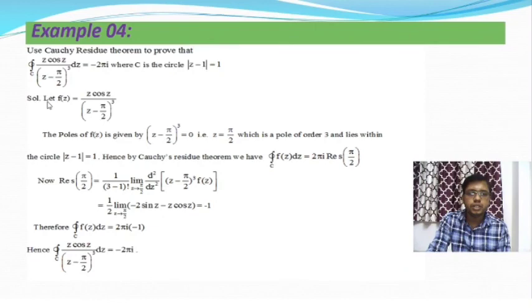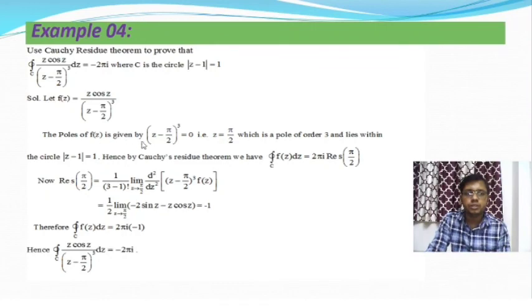So now we consider the function f(z) = z cos z/(z − π/2)³. From this we will find the pole of the function, and the pole is obtained when the denominator is 0.